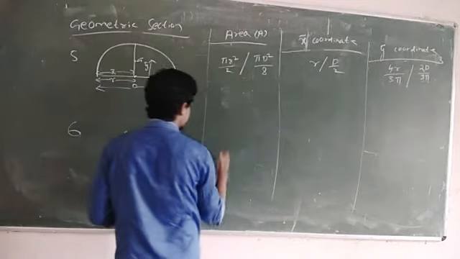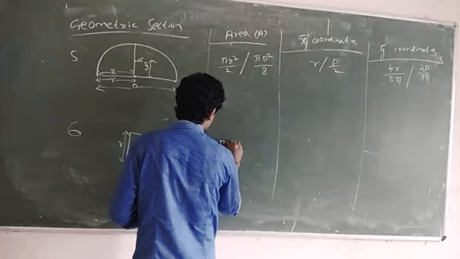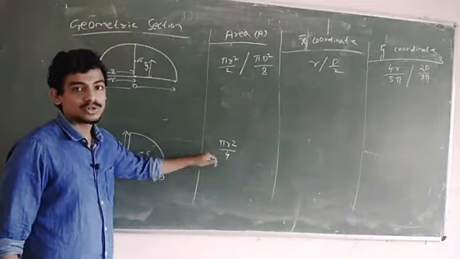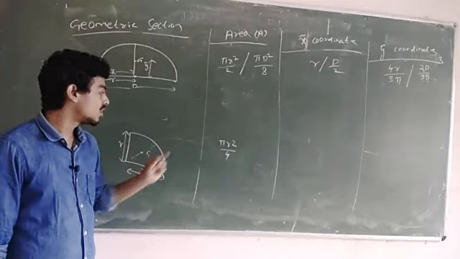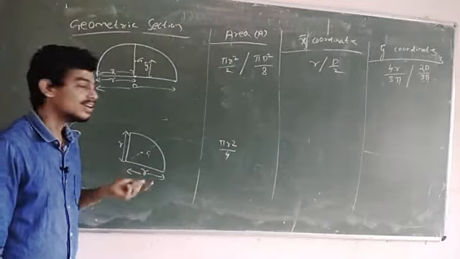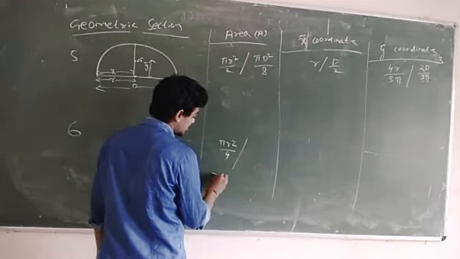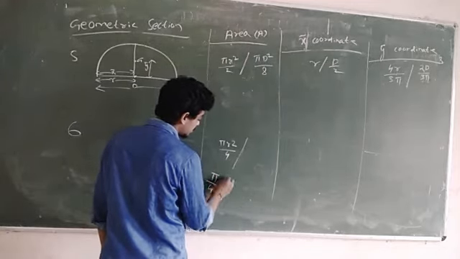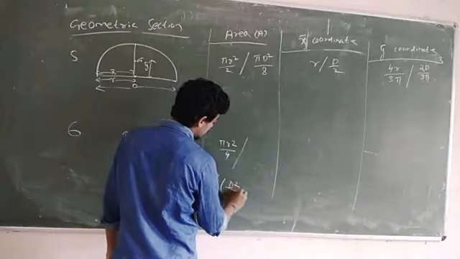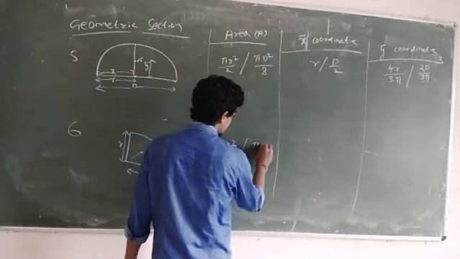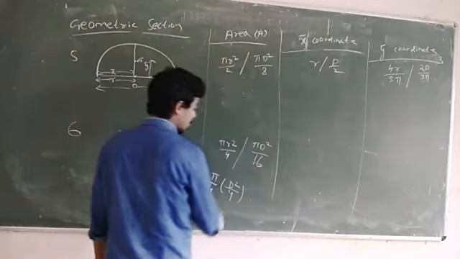Quarter means one-fourth, so whatever the total area, that should be divided by 4. So it will be pi r square by 4. If I want to convert into terms of diameter, put r equal to d by 2, so it will be d square by 4. So it is coming pi d square by 16.